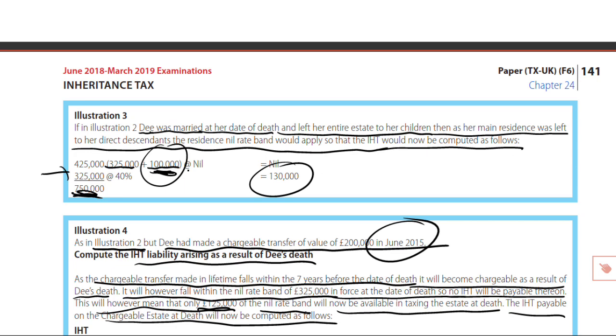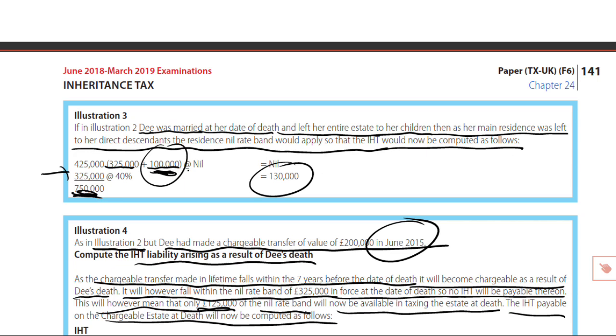Your normal nil rate band is applied firstly against any lifetime transfers made. The residence nil rate band is not applied against any lifetime transfers, only if a main residence is in the death estate, and only if left to a direct descendant.